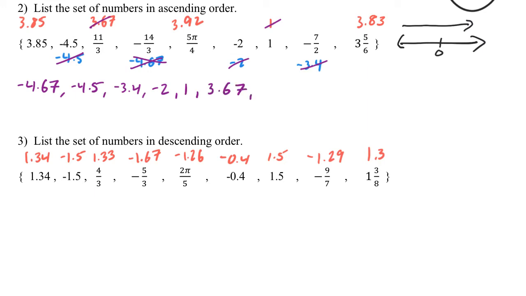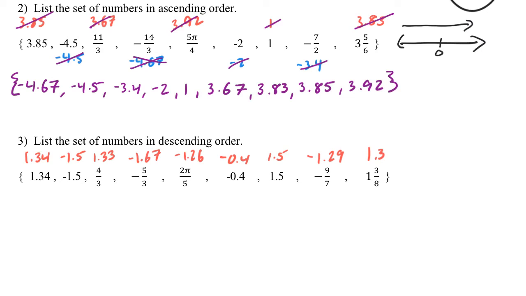Okay, and then our next largest would be one of the 3.8s. So we would be going with 3.83. That's our next largest number. And then would come our 3.85. You want to think about placing them from left to right on the number line. And last but not least, 3.92.